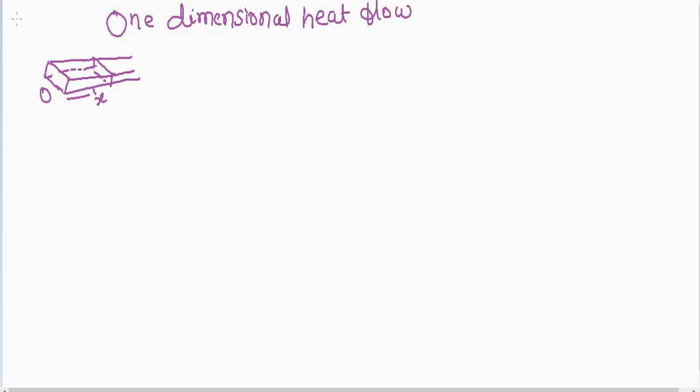In this new video, we will discuss an important equation, one-dimensional heat flow. Suppose that we have a uniform heat flowing along a bar of uniform cross section, and the length of this bar is L. Suppose the total length of this bar is equal to L, and this bar is insulated at the ends.